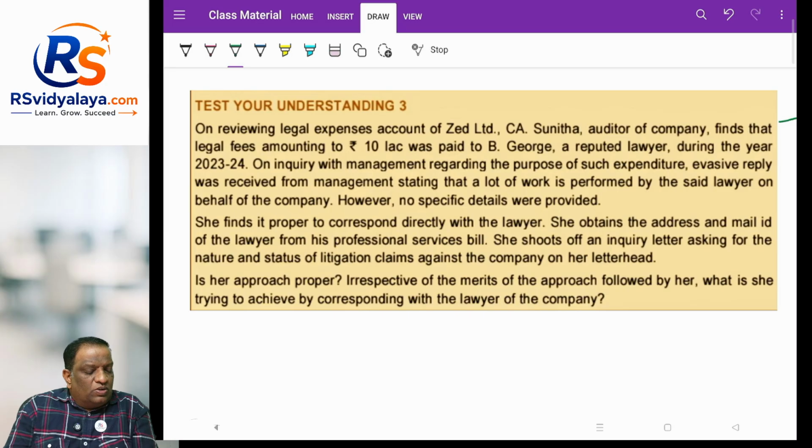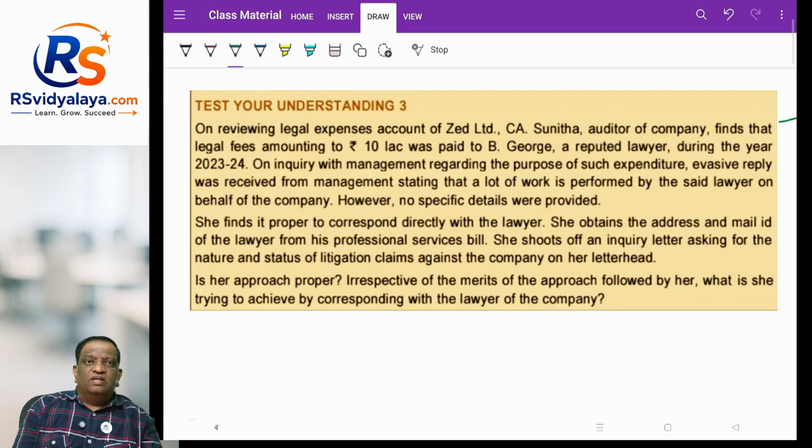Before we close SA 501, let's have a look at this case study. On reviewing legal expenses, because this is one of the audit procedures required while evaluating the completeness of litigations, the auditor, CA Sunita, finds that legal fees amounting to 10 lakhs were paid to a B George.